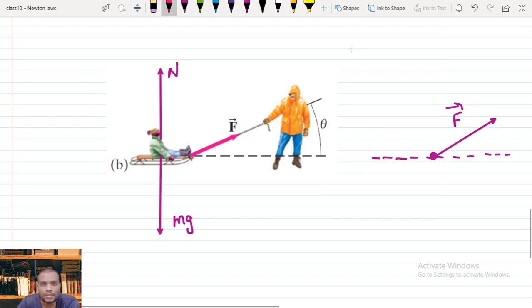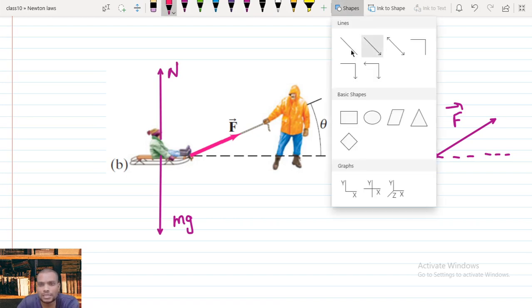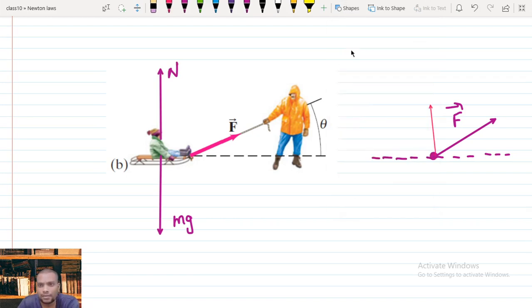If I represent the same forces here, N will act in the upward direction. With the same magnitude, the weight will act in the downward direction. Weight is the downward force and the normal reaction force is upward. And obviously we should not forget to draw the friction.